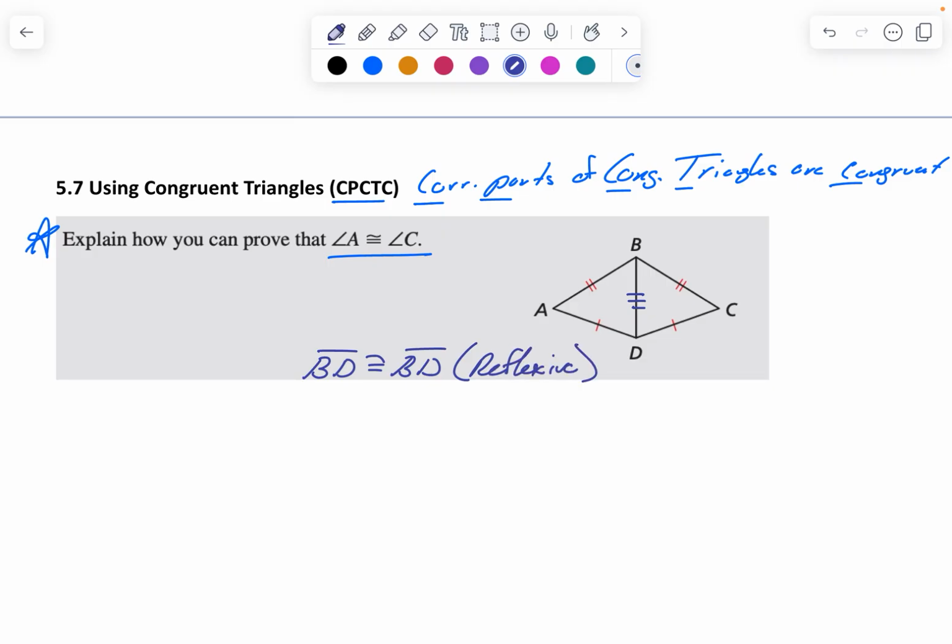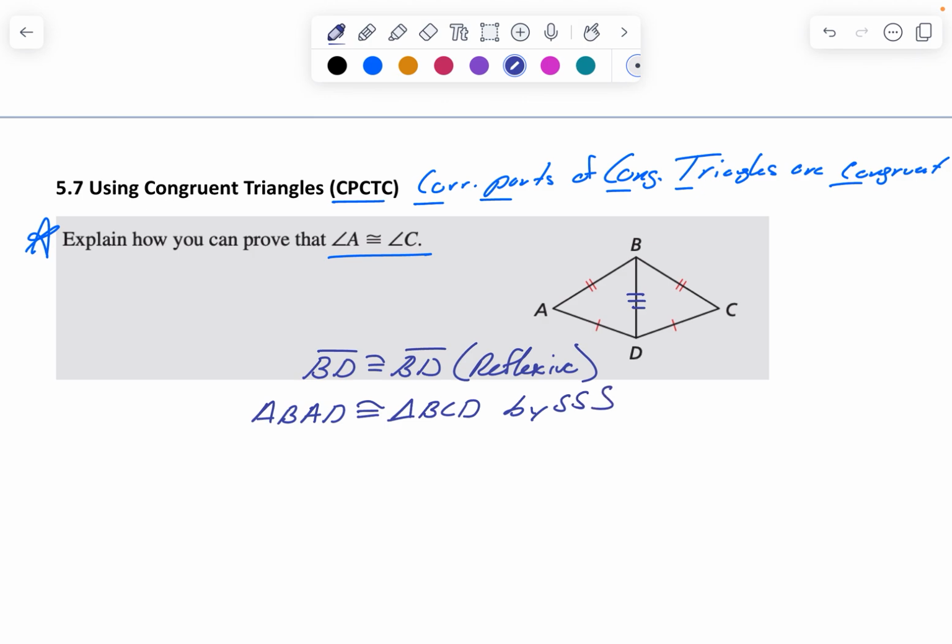And then that makes triangle BAD congruent to triangle BCD. Remember, we got to make all the corresponding parts match, by side, side, side.